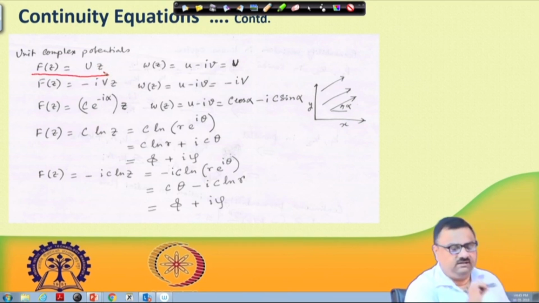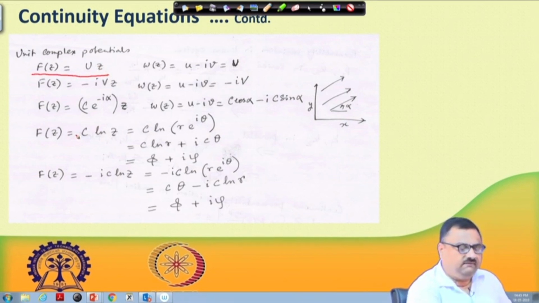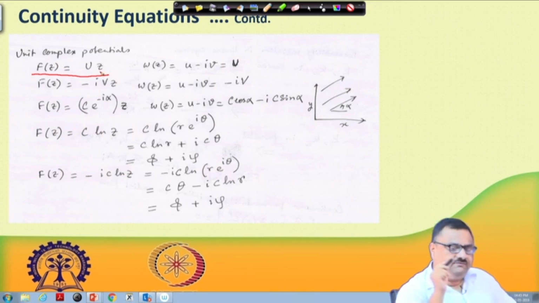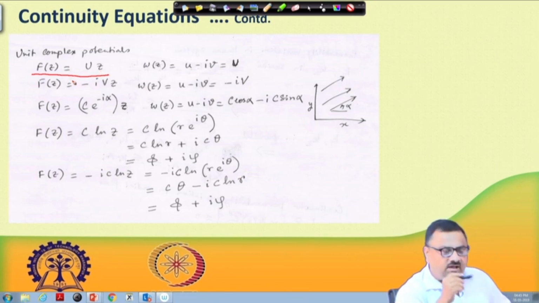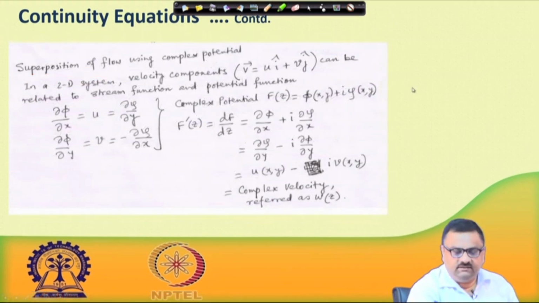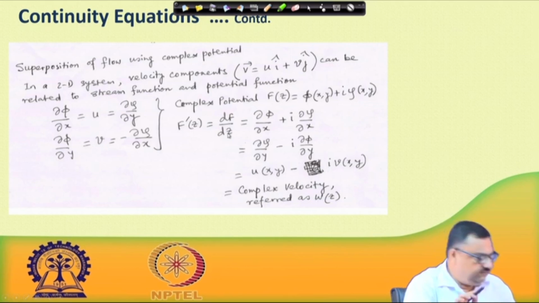One is f(z) equal to Uz. Later on we will take different forms of this f(z). So, f(z) is equal to Uz. Then what would be w(z)? w(z) would be the derivative of it, and we have already seen in the last slide that w is basically u minus iv, and w is df dz.